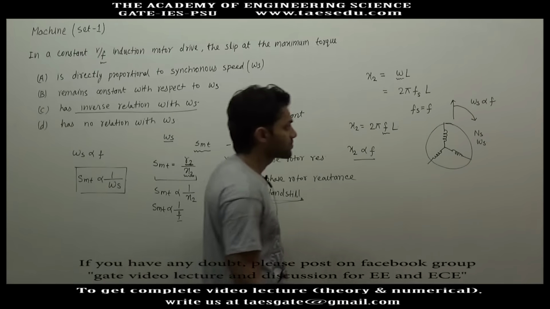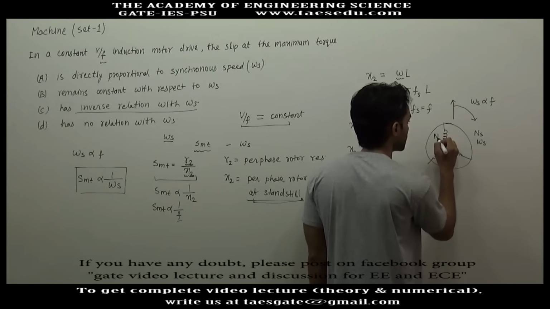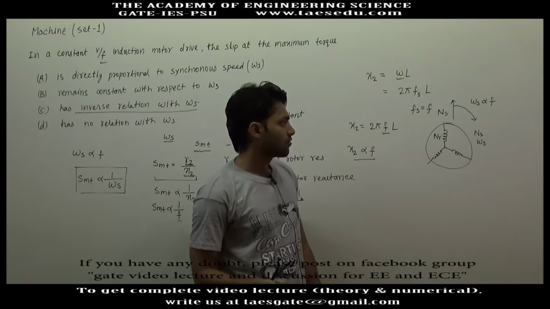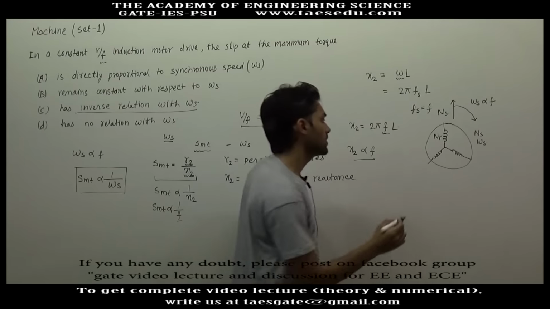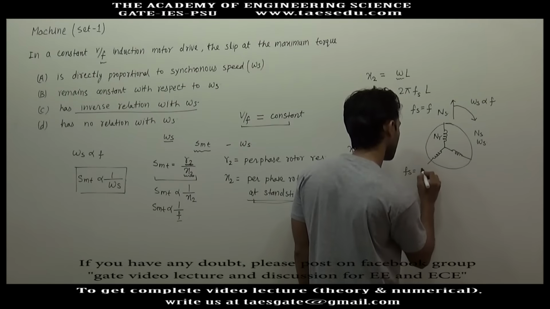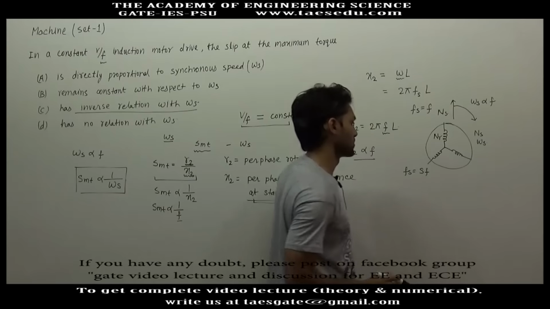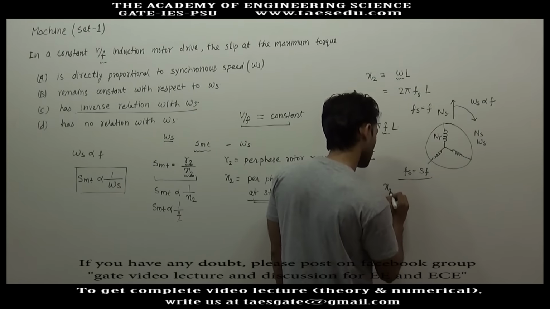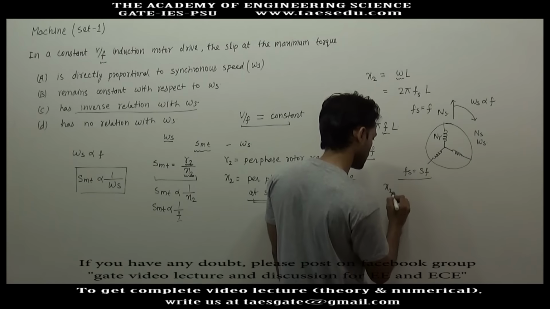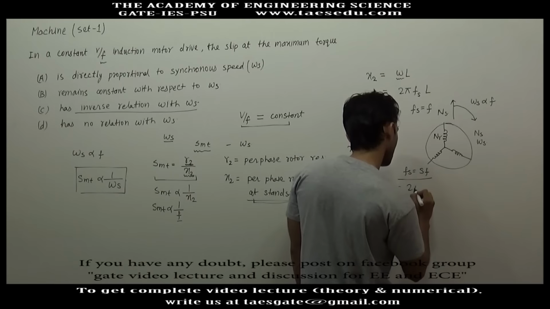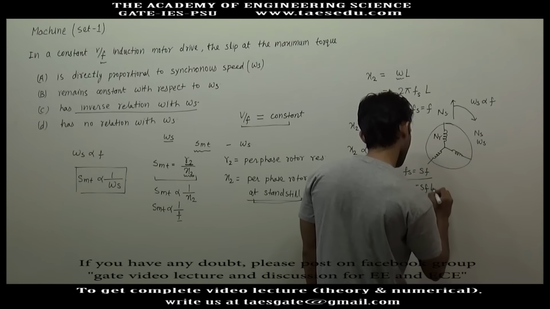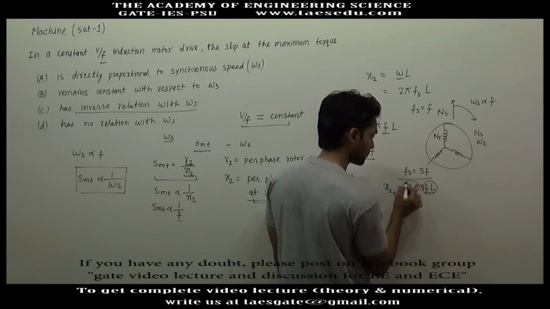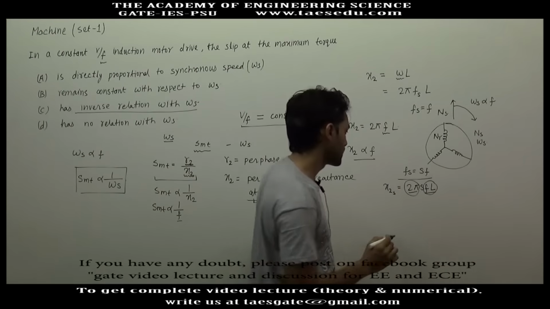At any arbitrary speed of the induction motor, let's say the speed is Nr and synchronous speed is Ns, the frequency of the generated voltage in the rotor winding will be the slip frequency, that is S into supply frequency. In this case the actual reactance offered by the rotor at slip S will be 2 pi S f into L. 2 pi f into L is X2, the rotor reactance at standstill.